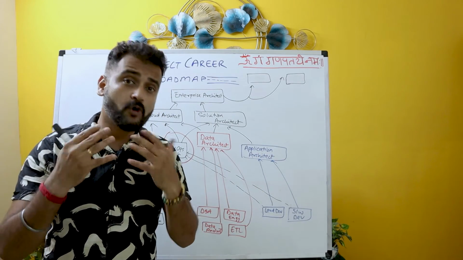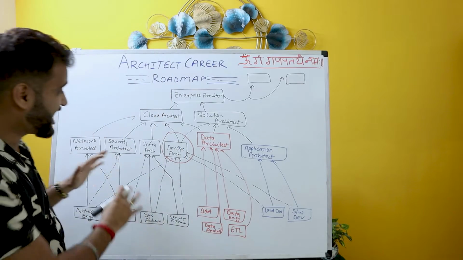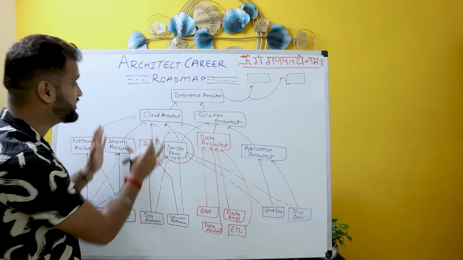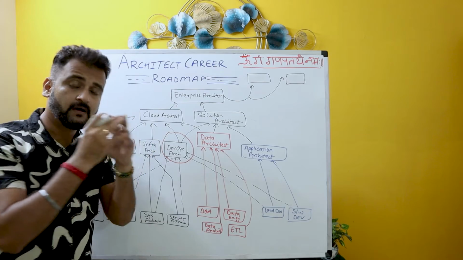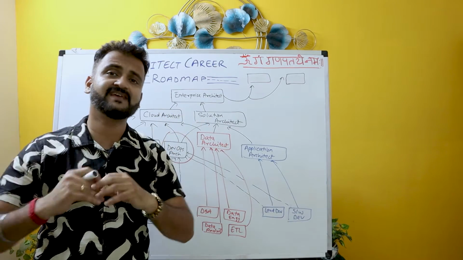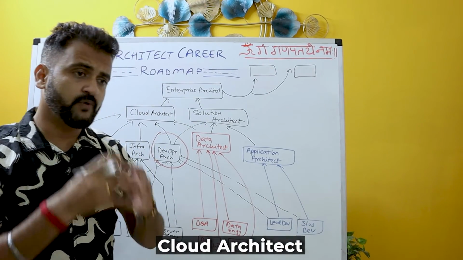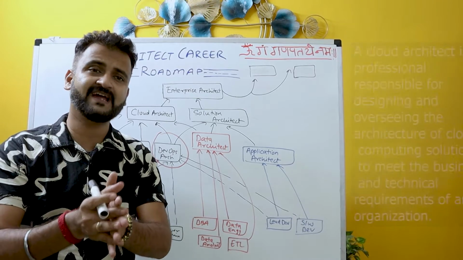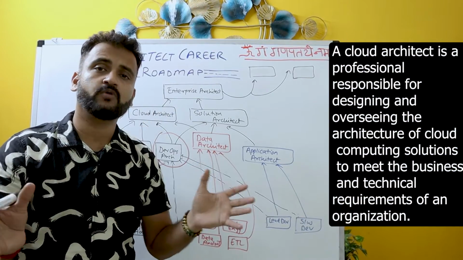So guys, a natural progression which I am seeing right now is that every kind of architect role is now moving to the cloud, and a wider role which is being created is the cloud architect. A cloud architect has to design everything on cloud end to end.